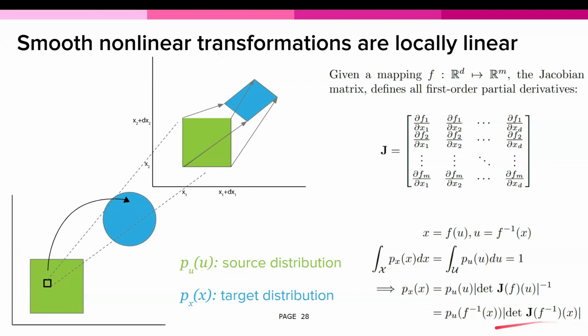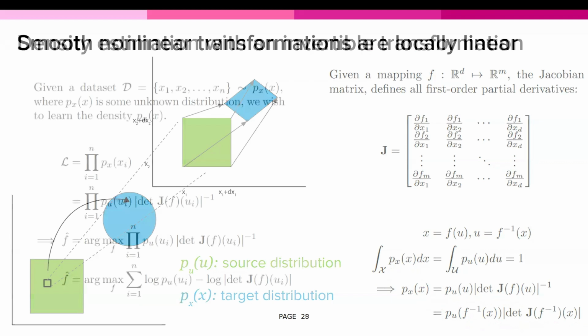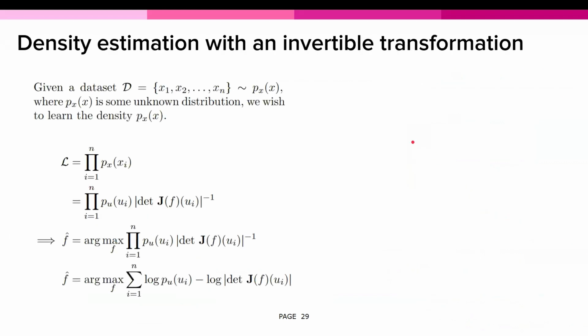What's powerful is that we usually select the source distribution P sub u to be easy to evaluate, like a standard normal distribution. So that's handy.